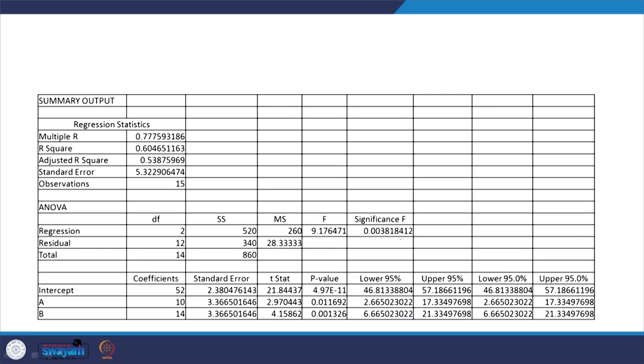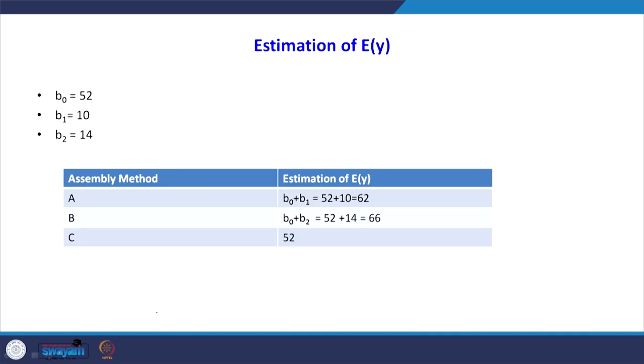Now, what we got: when you look at these coefficients, the intercept is 52, that is your beta 0. This is beta 1, the coefficient of A, and this beta 2 is the coefficient of B. See, beta 0 is 52, beta 1 equals 10, beta 2 equals 14.